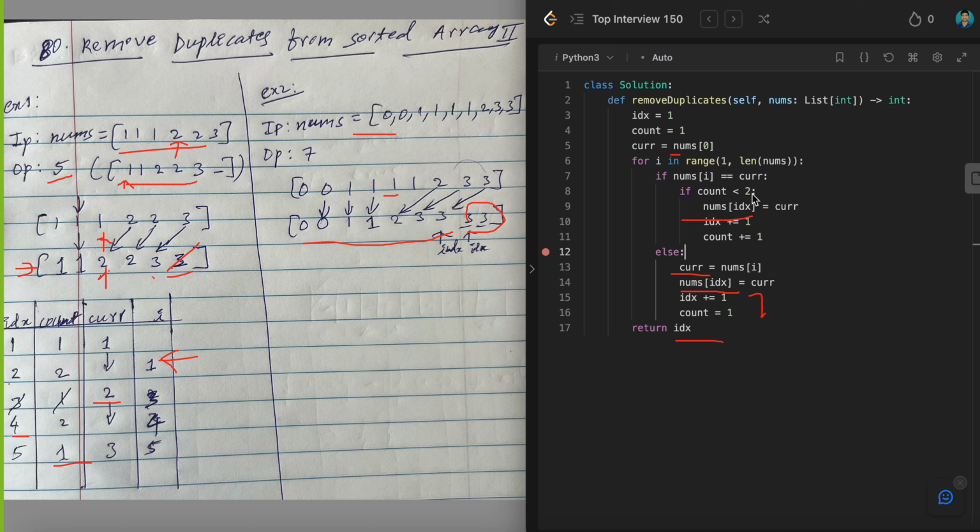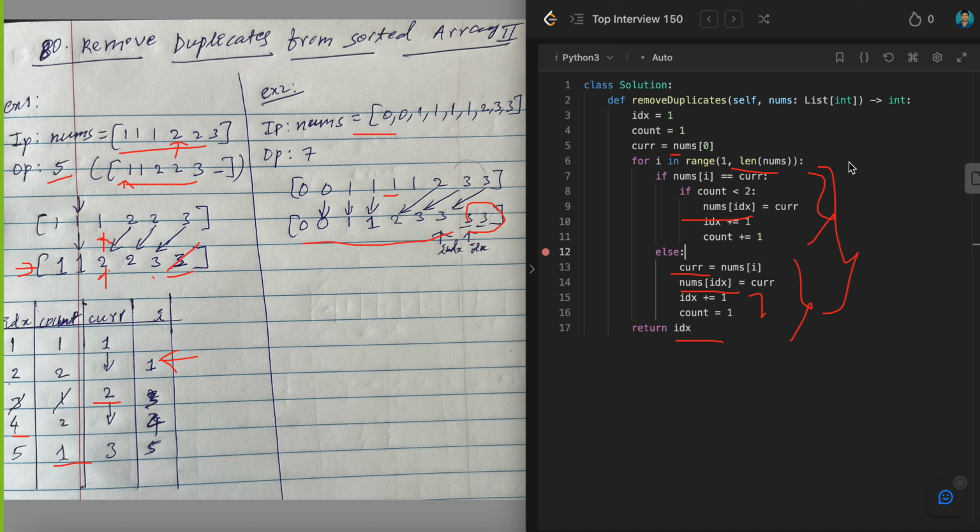Since we are iterating through the array only once using this for loop, and the internal if conditions and else condition all take constant time, this program will consume order of n time, because all these are order of 1, and this for loop runs order of n times.